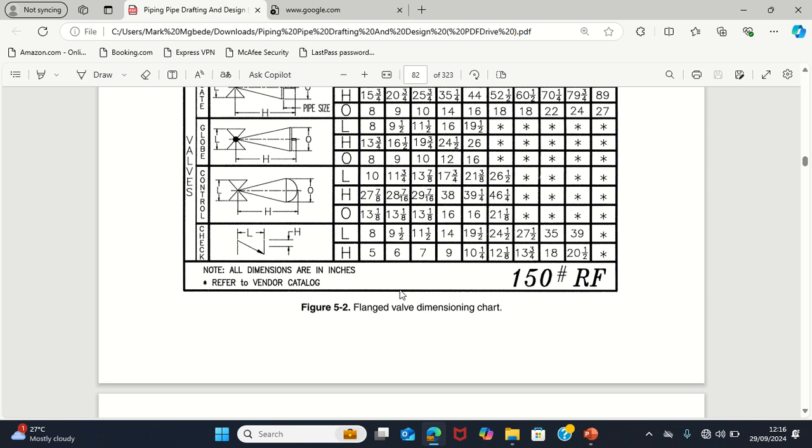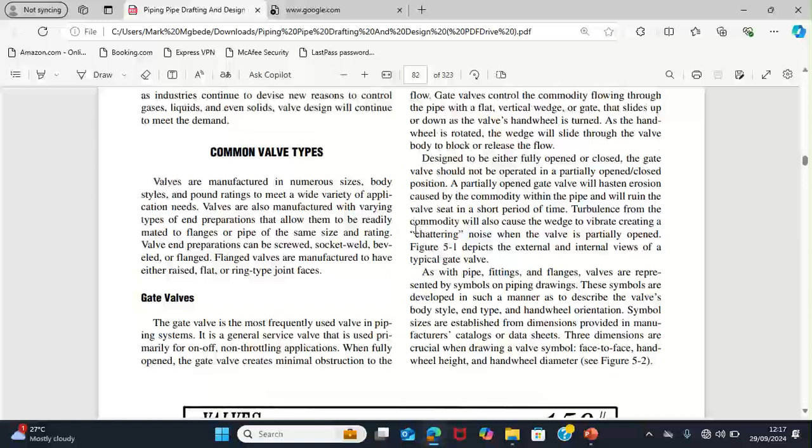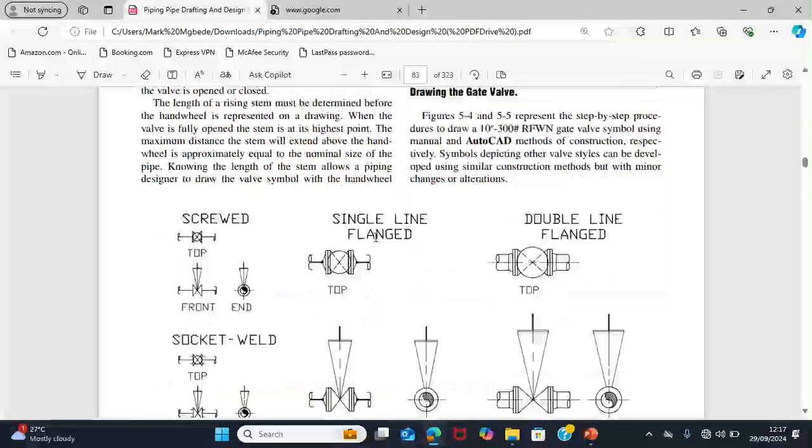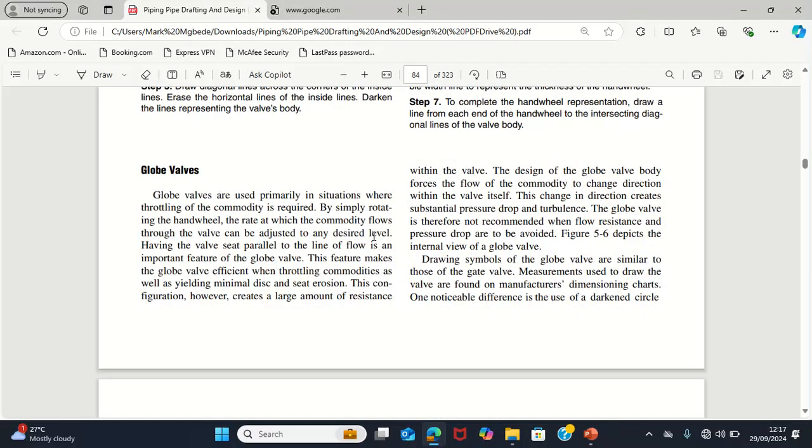This piece of information, called the P and ID, will help you determine the type of valve that is supposed to be on that line. The P and ID will tell us what valve to use, how to use it, and the direction of the valve where it is opening to.